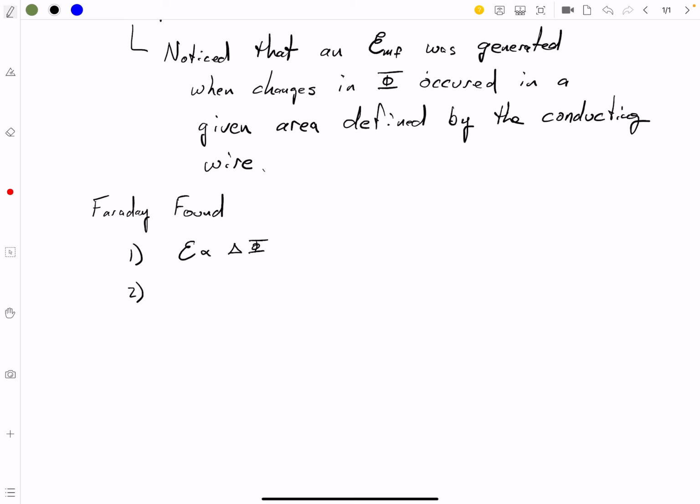The second thing he found was that the EMF was inversely proportional to the amount of time that it took. So this is directly proportional, which means there's some constant in there that he doesn't know. This is inversely proportional.